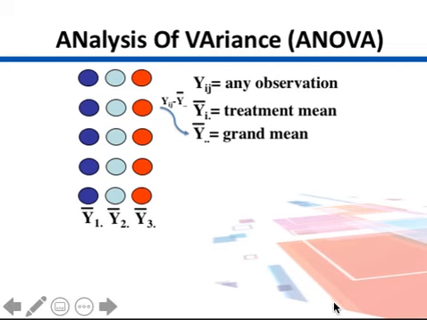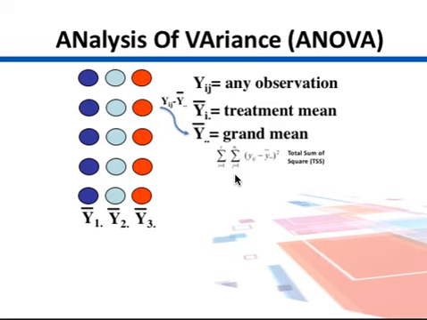We calculate the deviation of each observation from the grand mean like this, and we add up all the deviations for all observations from the grand mean. This is our total sum of squared deviations, what we call TSS, the total sum of squares. This total sum of squares comes from two things.